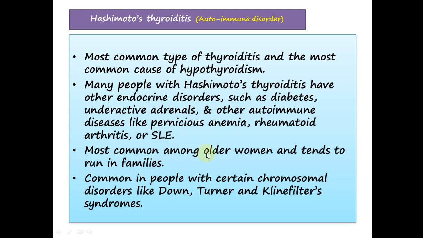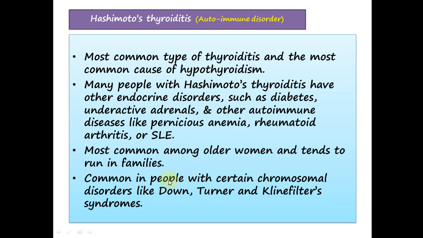Typically, Hashimoto thyroiditis presents in an older female. The disease occurs more in females than males. However, the disease may occur at any age, and even children may be affected.